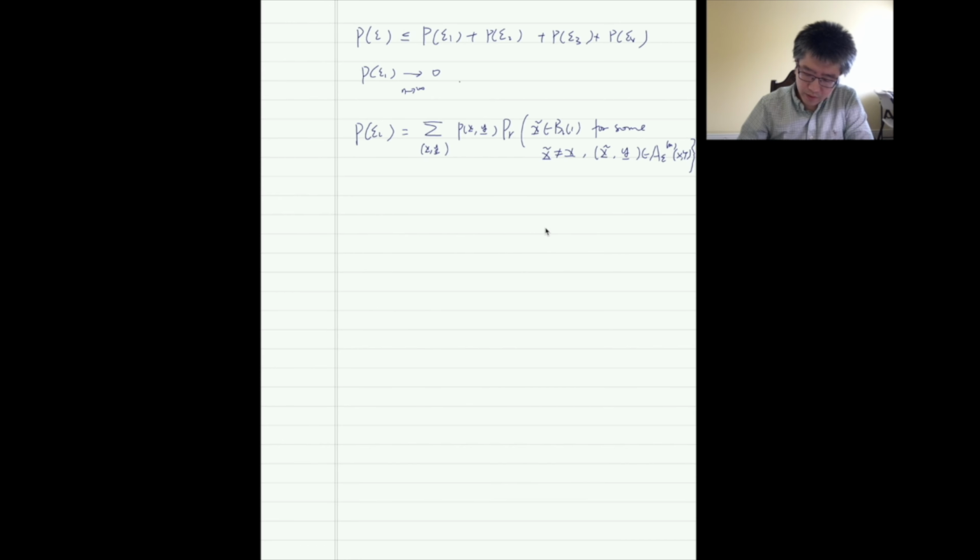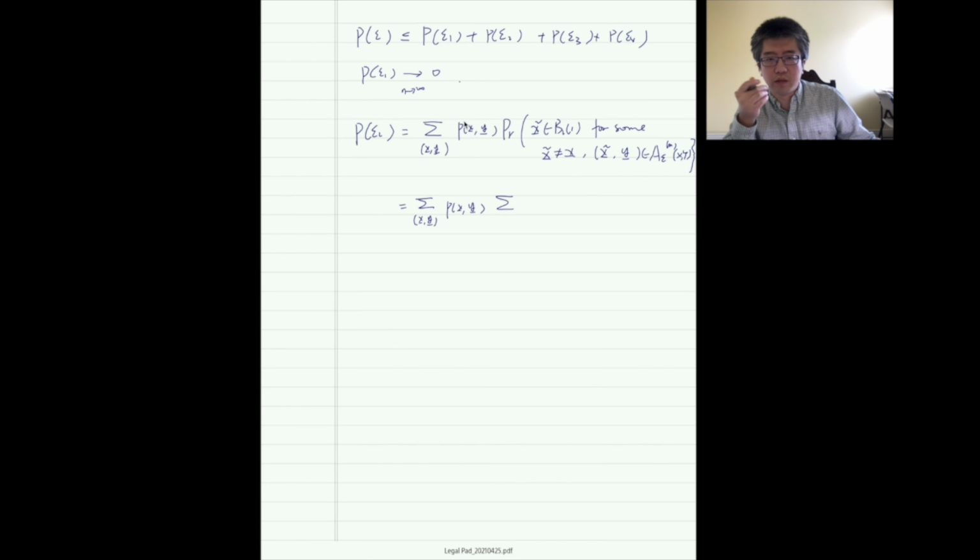Very good. And the next step is to compute this probability. Because of this step, x and y are fixed, so the only thing we need is to find an x tilde to satisfy this condition.